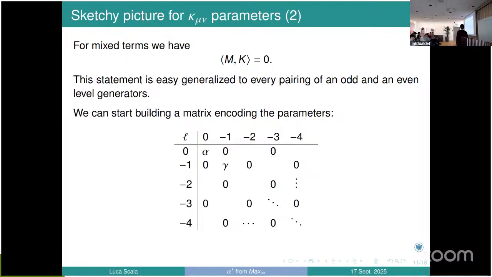So we can start to account for all these deformation parameters by writing a matrix. These are the levels of the non-positive level algebra, and these are the numbers of deformation parameters allowed by the pairing at that level. So m with m, just one allowed deformation. K with k, just one. All the odd with even gives 0.